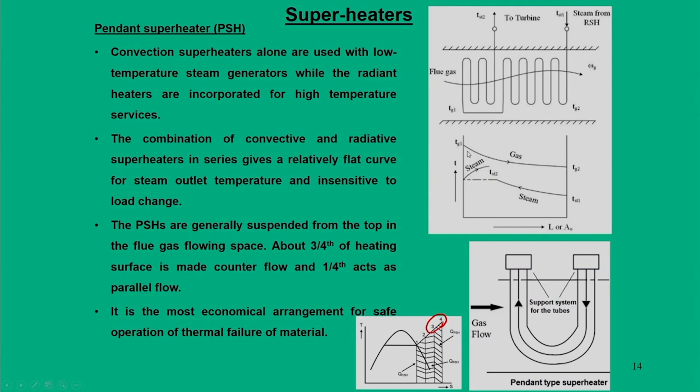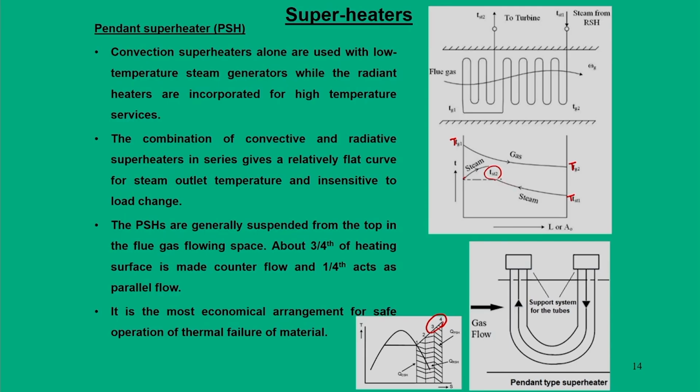If you see this thermodynamic diagram, the flue gas temperature drops from Tg1 to Tg2, and on the steam side it goes from Tst1 to Tst2 in a convective mode, and here a counter flow type of steam enters, so the curve deviates a little from the actual rise.